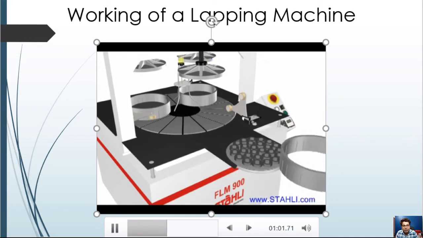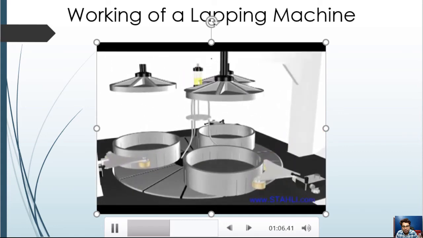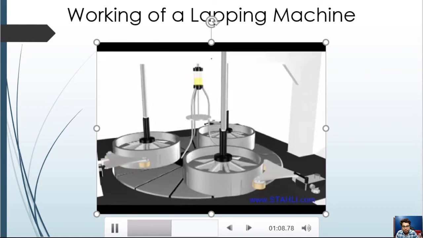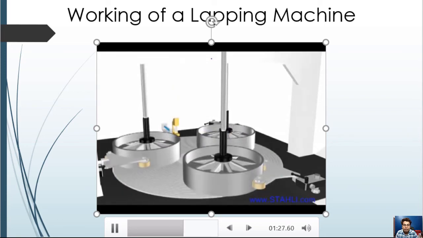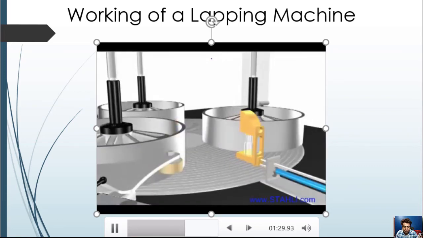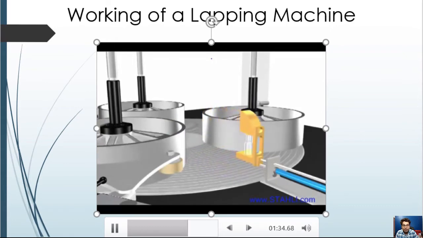This is for the machining of the other side of the product. Lubricants are being sprayed.